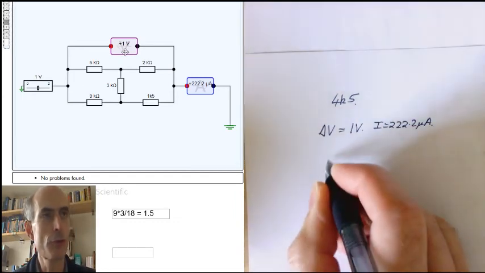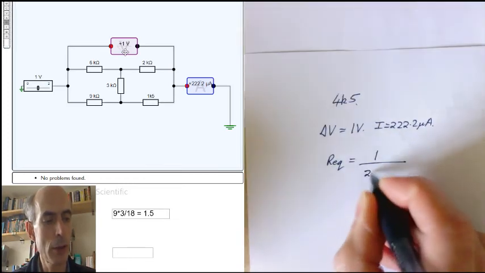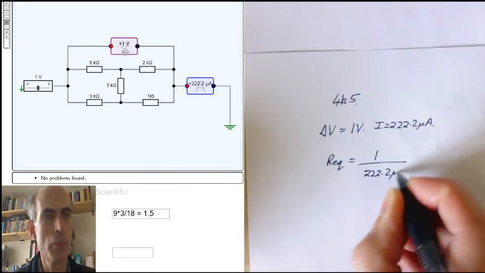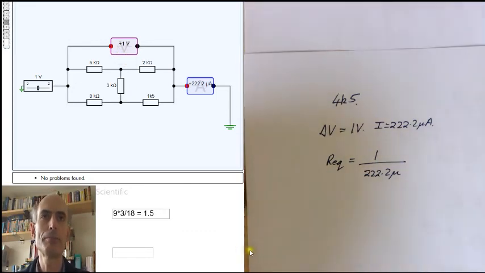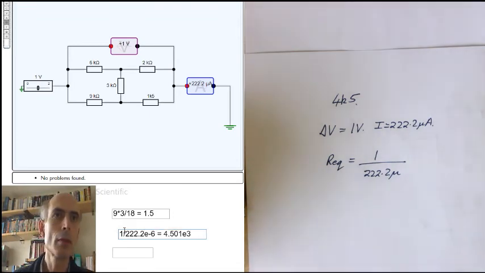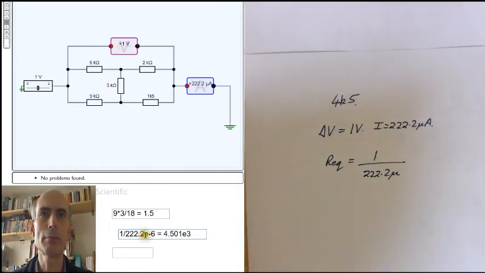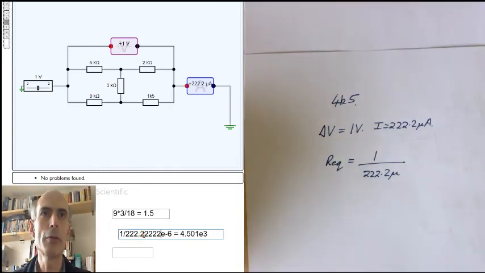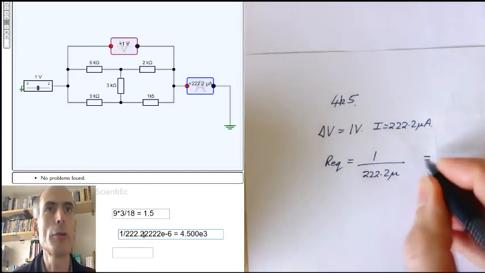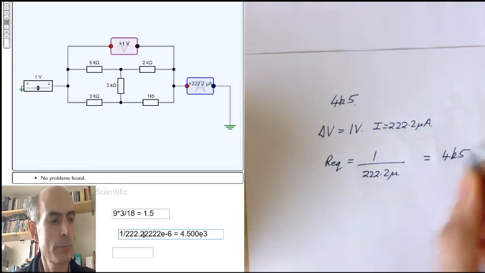So the equivalent resistance must be 1 divided by 222.2 microamps, which is as near as it can get, given the fact that I haven't put in all of the decimal points, 4.5 times 10 to the power of 3, or 4K5. Works.